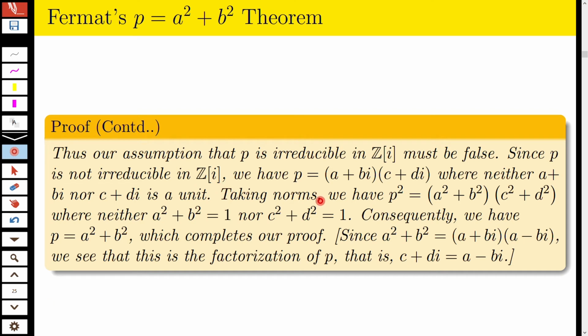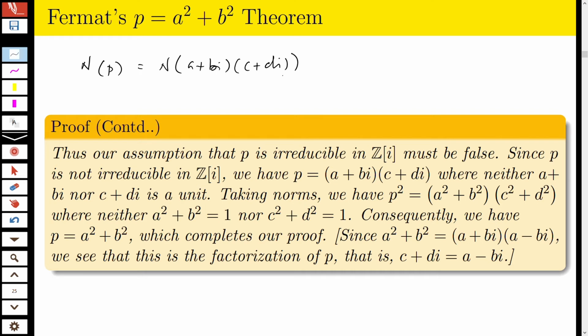Now, p not irreducible in Z[i] means you can write p as (a plus bi) times (c plus di), where neither a plus bi nor c plus di is a unit. Now, take the norm on both sides. You have N(p) equal to N of (a plus bi)(c plus di), which is equal to N(a plus bi) times N(c plus di).